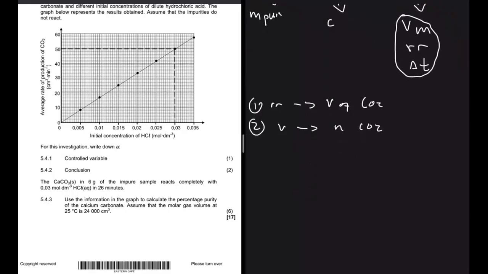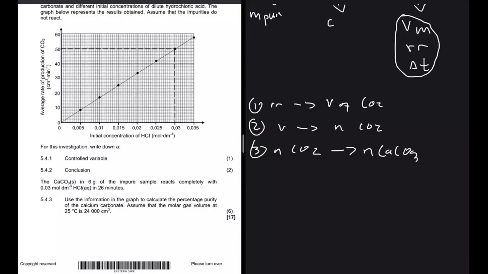After that, we can use the number of moles of CO2 to calculate the number of moles of CaCO3 and ultimately calculate the mass. The thing about this question is that there's no formula I can give you to use in every situation. You have to read the question and understand it, and then you can take it from there.